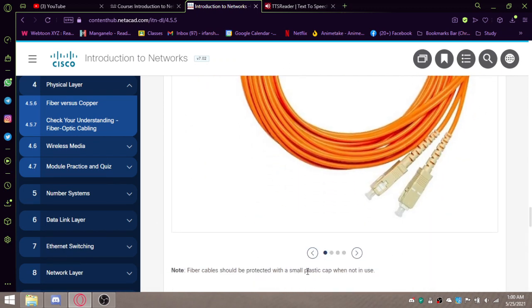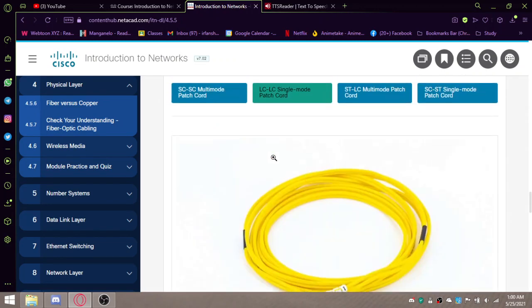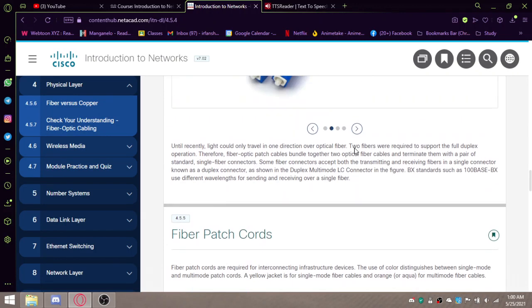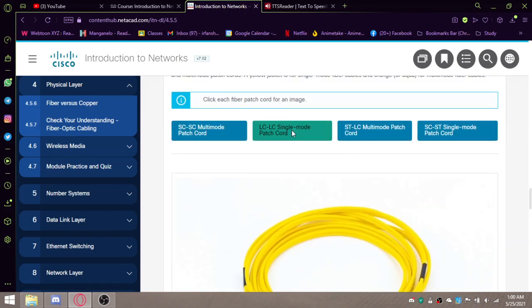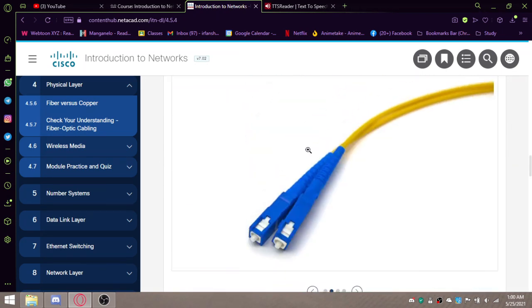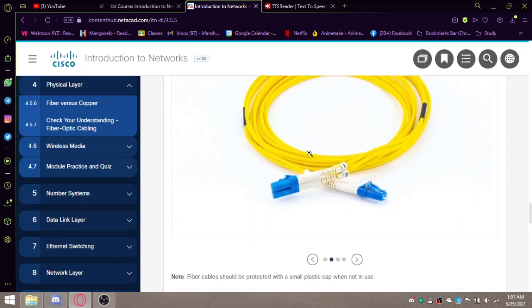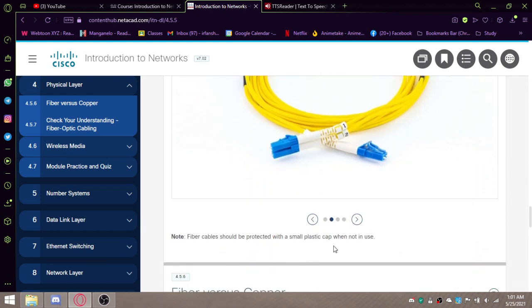Should be protected with a small plastic cap when not used. Okay. Lepas tu LC to LC, lucent cord to lucent cord. Ni single mode. Itulah single mode simplex lah. Should be protected. Semuanya kena ada plastic cap when not used.